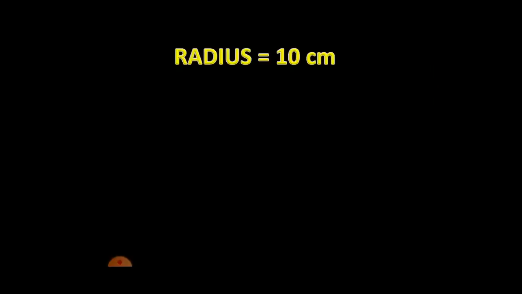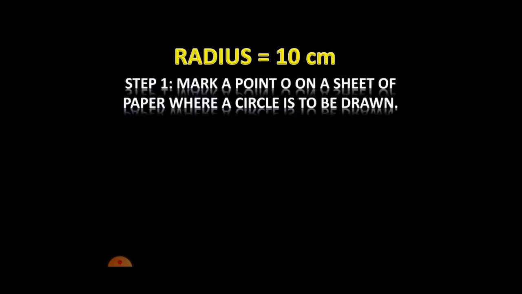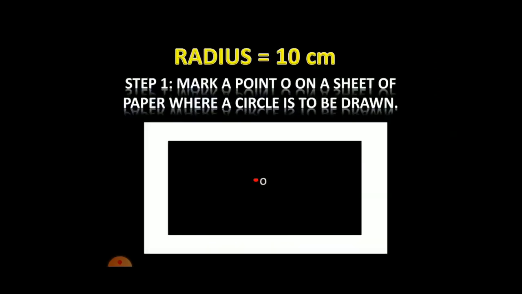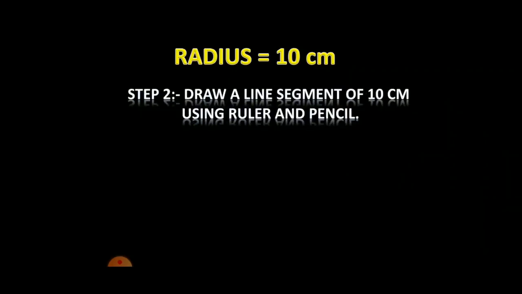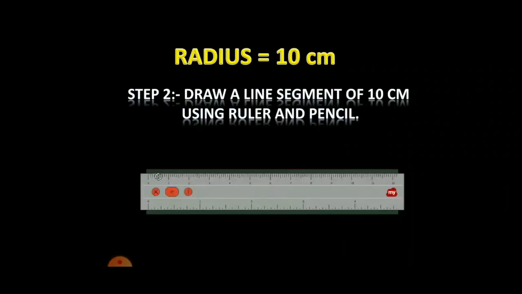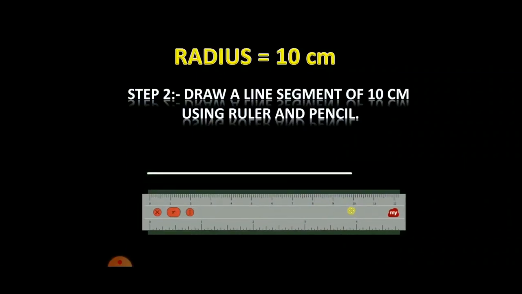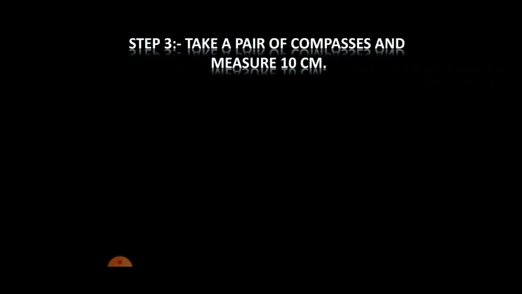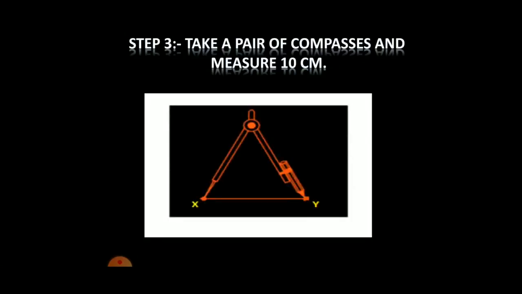If we have to construct a circle of radius 10 cm, the first step is to mark a point O on a sheet of paper where the circle is to be drawn. Second step, draw a line segment of 10 cm using a ruler and pencil. Step 3, take a pair of compasses and measure 10 cm.